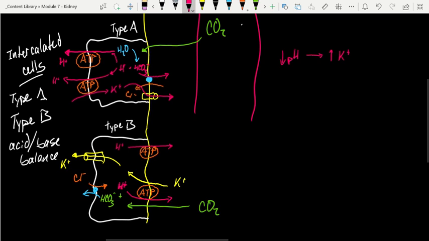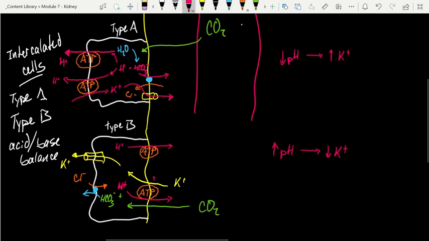Importantly, in these type B cells, very similar to what we described above, but just opposite. In alkalotic conditions, in other words, if the pH is high, that could potentially lead to a hypokalemic state.